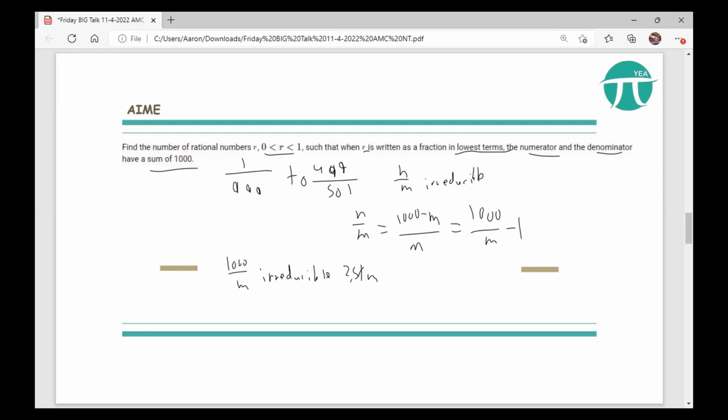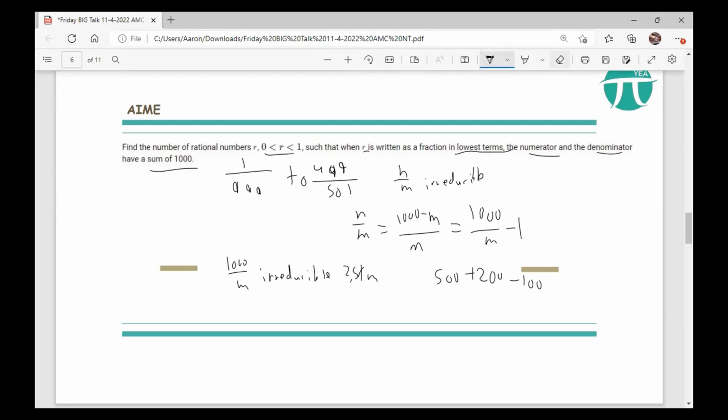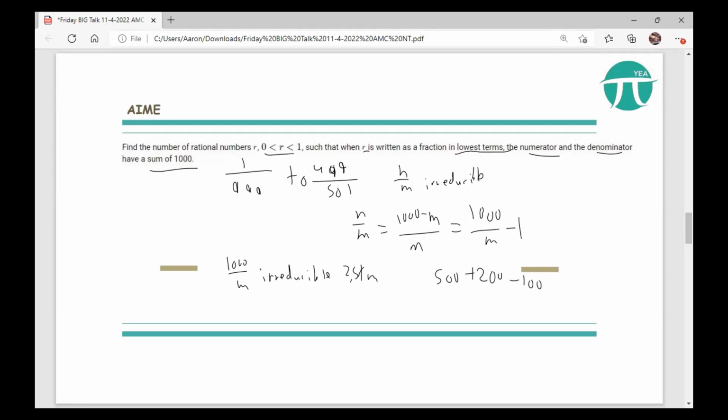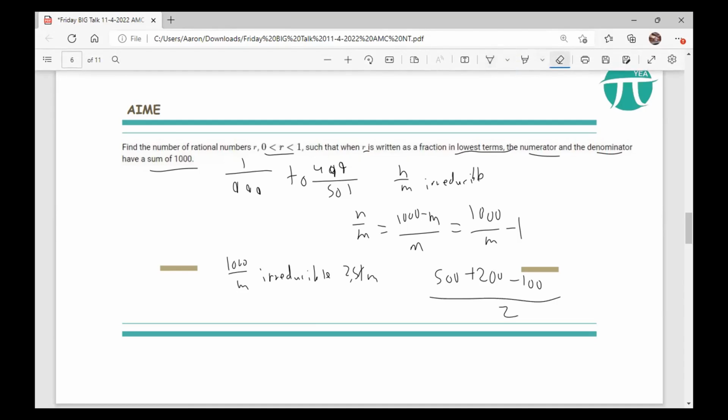So next, we are using the Euler's totient function solution here. Although there is an easier solution that would involve something like 1000 over 2 plus 1000 over 5 minus 1000 over 10, and then you divide it by 2, we will not be doing that solution here.